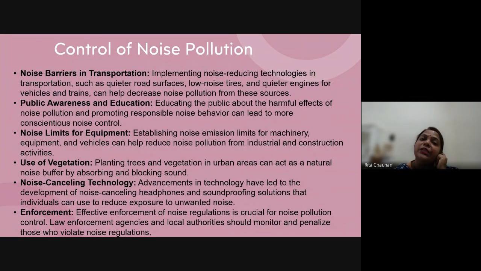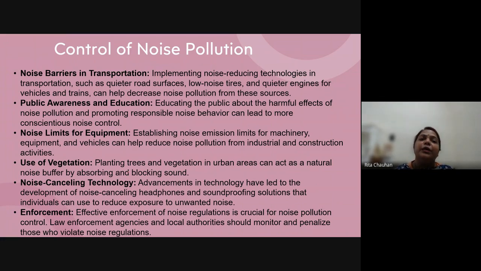We can have noise control in transportation. For example, we should have road surfaces such that there is no noise of skidding. Low noise tires can be used, and quieter engines can be used for vehicles and trains.